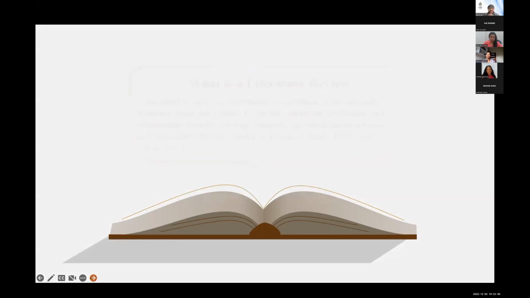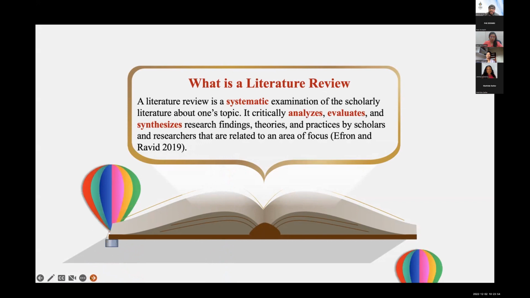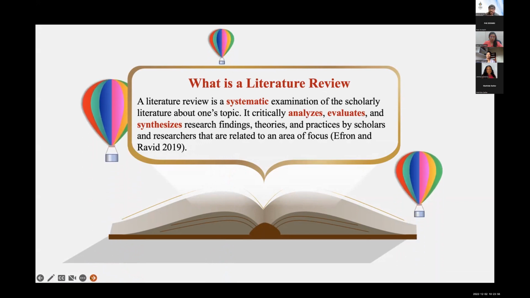But when you do a deeper dive, you're going to come to realize that the literature review is not just a compilation, or an assessment, but it is systematic. Everything has to be systematic. So it's a systematic examination of the scholarly literature about one's topic.